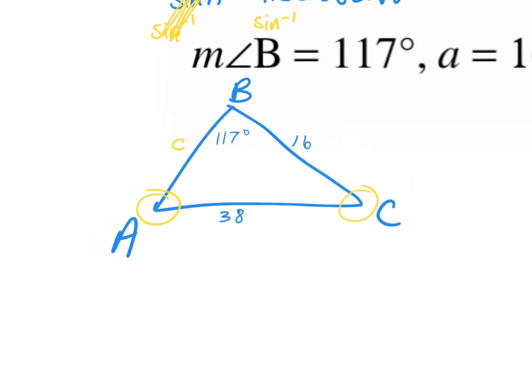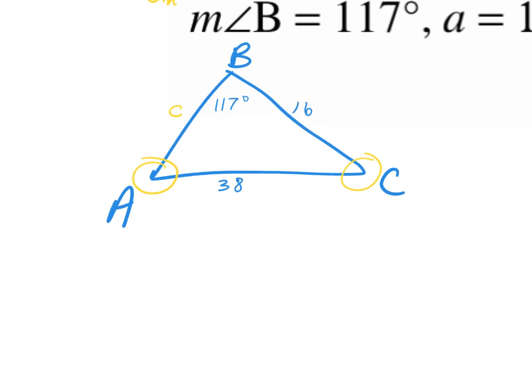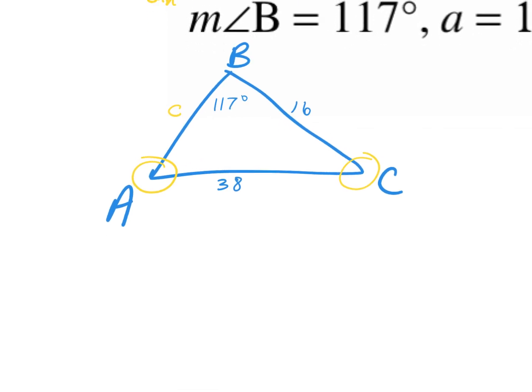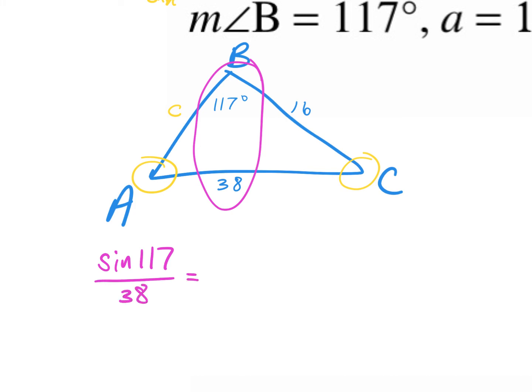Do I have a proportion that I can use where I have an angle measure and its corresponding side length? Do I have that right here? I sure do. So I can say sine 117 divided by 38. Now again, guys, can I find C right now? No, because I don't know anything about the side or the angle measure.